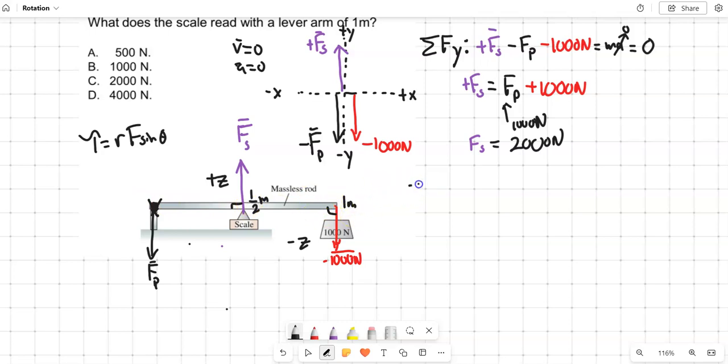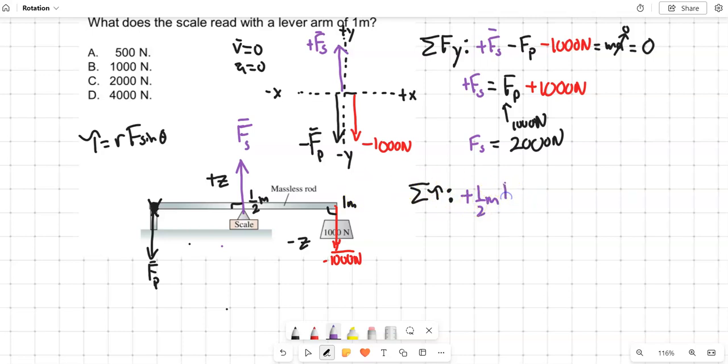So let's sum our torques here. So we're going to sum our torques and see what we get. So starting from this point out, again, we don't need to worry about this force. We get to our purple force. So that purple force is going to be a positive Z torque. It's 1/2 meter out.